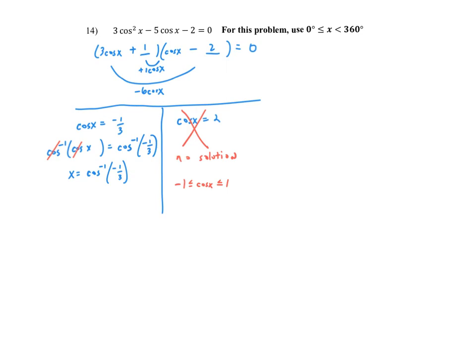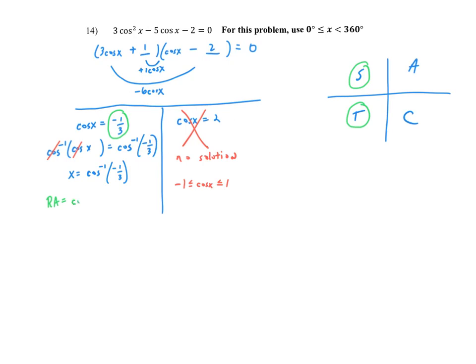Plugging this in your calculator will get you something that will be hard to deal with. So let's use the tips from before. All students take calculus. Our cosine value is negative, so that means that our solutions are in quadrant 2 and in quadrant 3. To find these solutions, we need the reference angle.